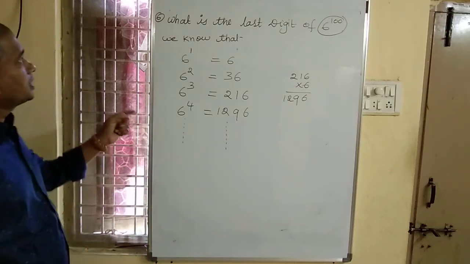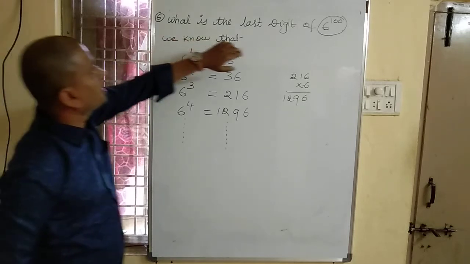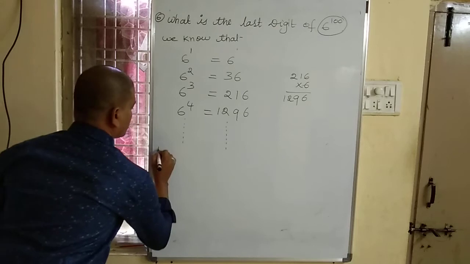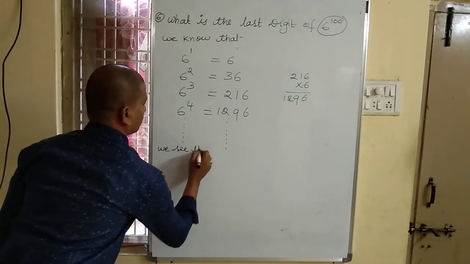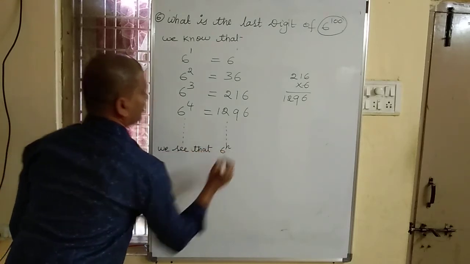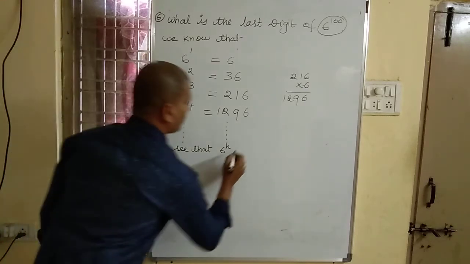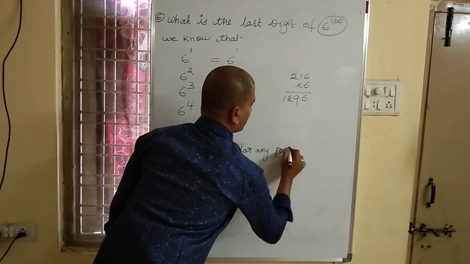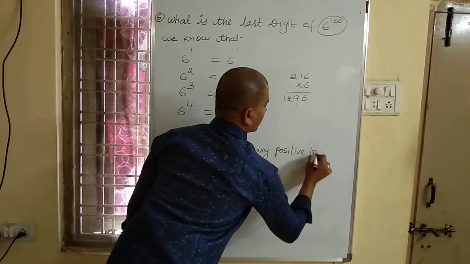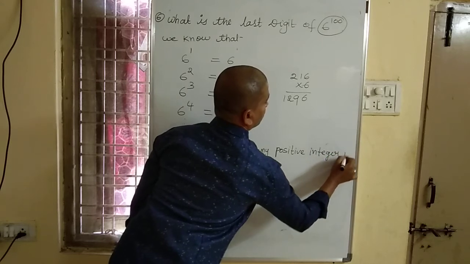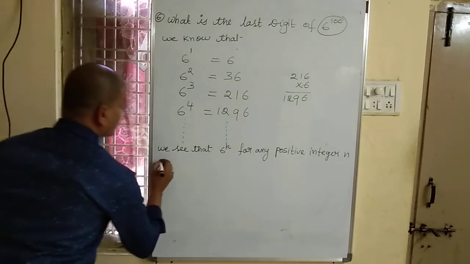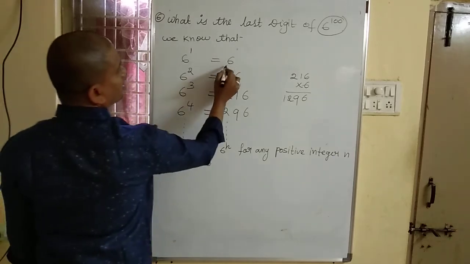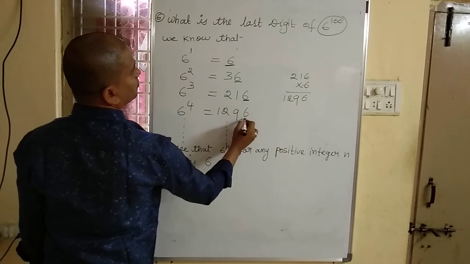We see that 6 power n, for any positive integer n, always ends with 6 only.